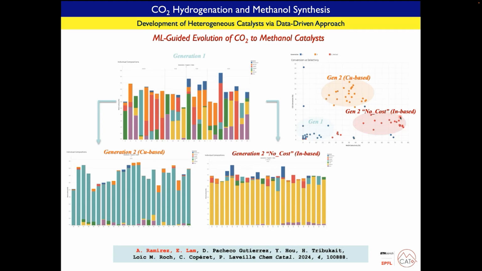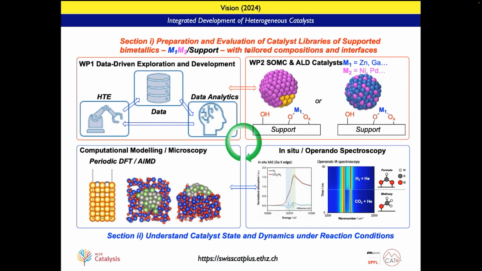And what we are trying to do now in our lab, and I will have no result to show you, is to combine this data-driven approach with the earlier approach that I've shown you in my slides, combined with computational chemistry, to identify key chemical descriptors obtained on the one hand by spectroscopy and by theory, trying to understand at the molecular level how these catalysts work, and hopefully have a guiding principle to design better catalysts.